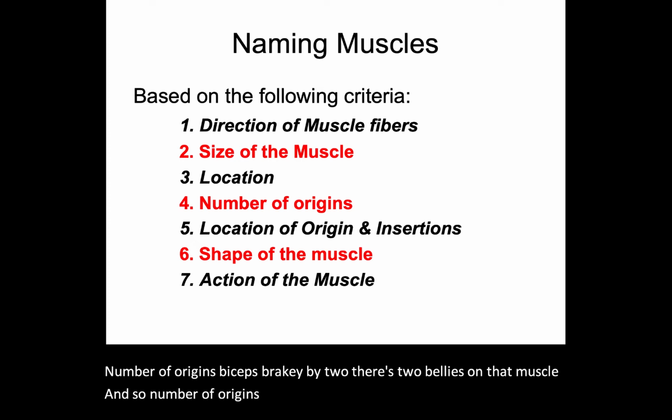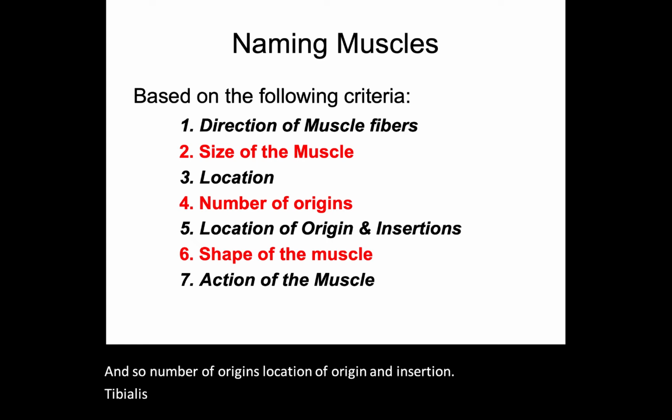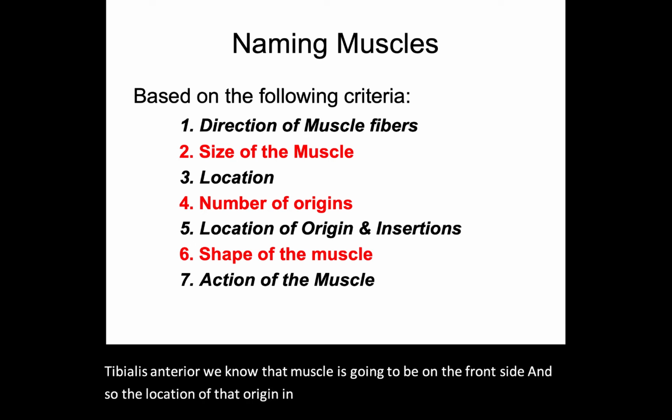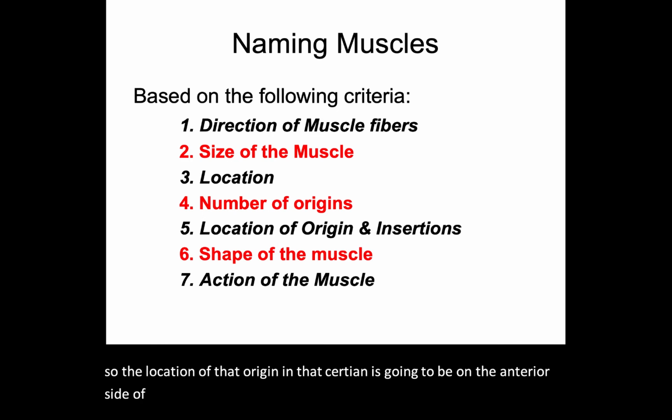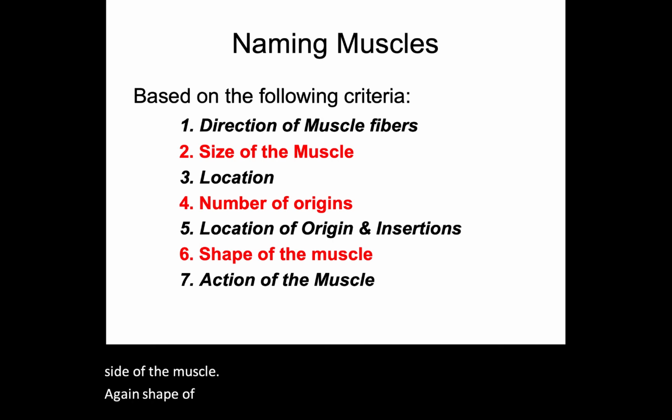Location of origin and insertion. Tibialis anterior. We know that that muscle is going to be on the front side, and so the location of that origin and that insertion is going to be on the anterior side of the muscle. Again, shape of the muscle. Triceps brachii, we know, is going to be arranged into 3 segments.